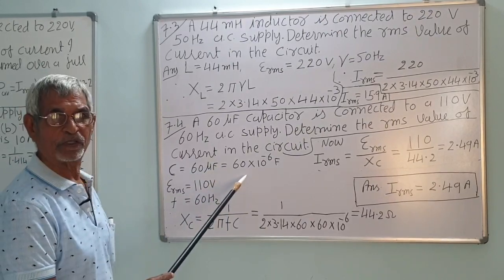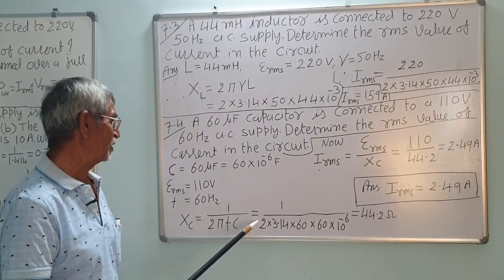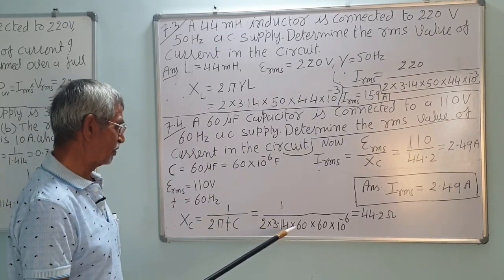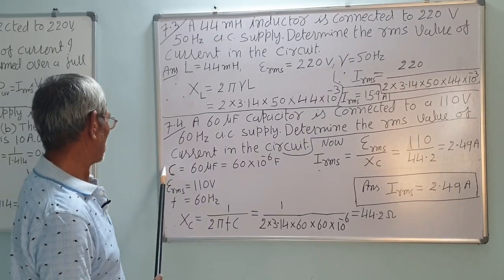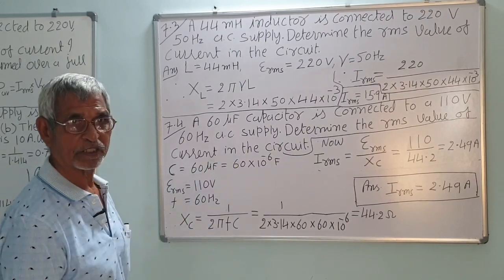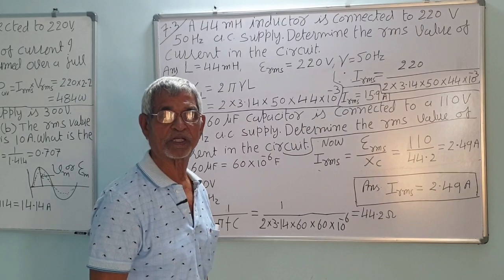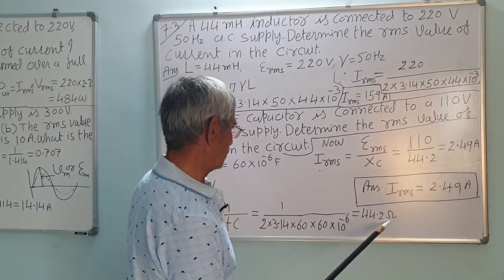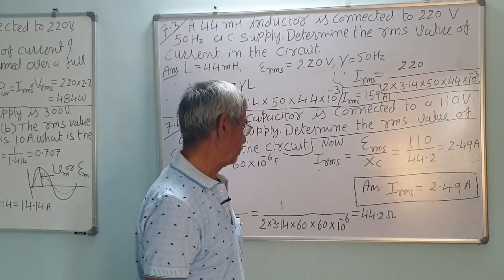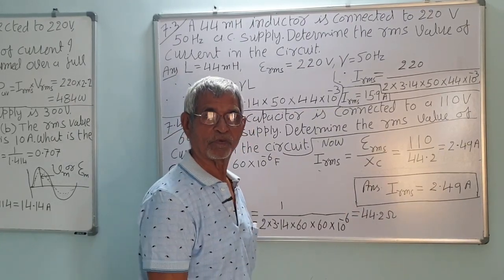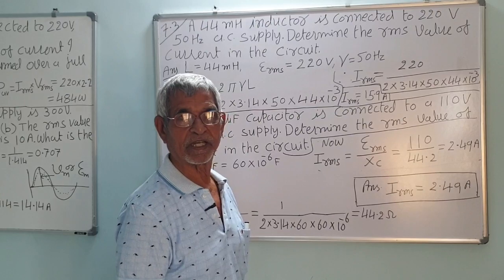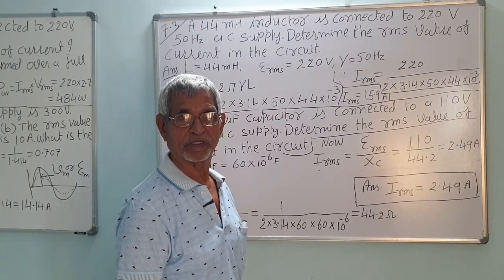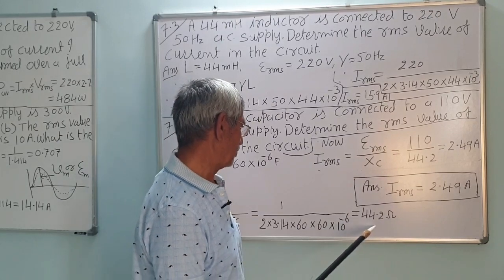If you note the value and then introduce it in the equation, that is better, marks won't be deducted. 1 upon 2 into 3.14 into 60 into the capacitance, that is 60 microfarad, 60 into 10 to the minus 6 farad, correct, and that is equal to 44.2 ohms. You know the units of capacitive reactance XC, inductive reactance XL, and resistance are the same because they play the same role.